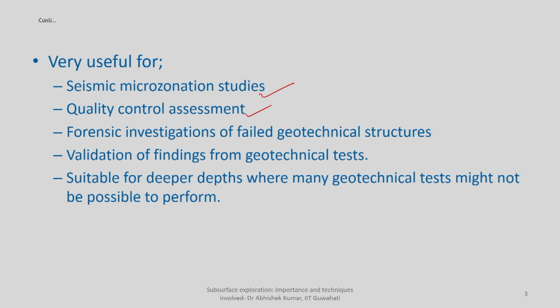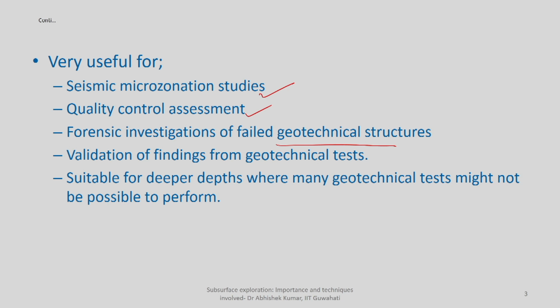Third one is forensic investigation of failed structures. Whenever there is some kind of failure of a structure, particularly abutments of bridges, flyovers, retaining structures, you can go for forensic investigation, because those structures have already failed. At times it is not advisable to go for detailed geotechnical investigation, because again that can trigger more distress to the existing structure, though it has already failed. You can go for geophysical methods, without creating much disturbance to the surrounding area of any disturbed or failed geotechnical structure.